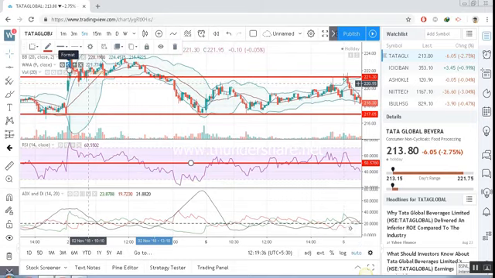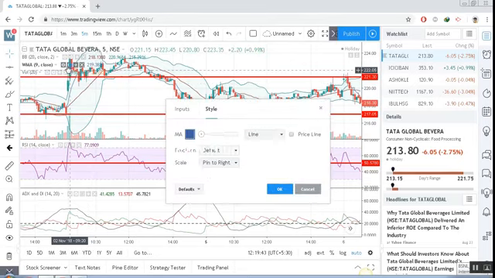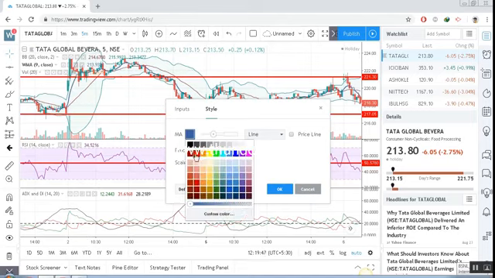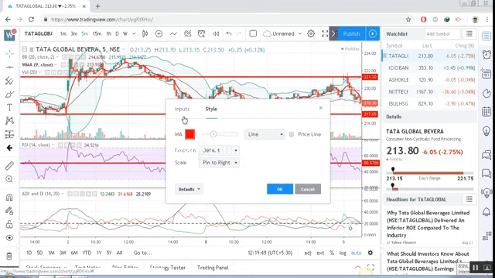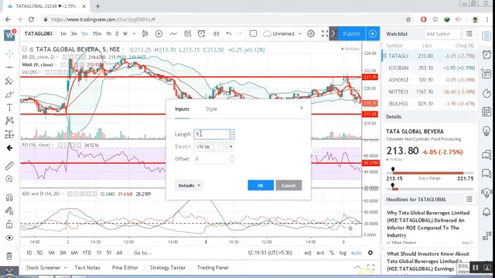Now in the WMA, the weighted moving average, you're going to make a small change. First, change the color to red or whatever color you want, and for the period, you're going to use the largest 2-digit Fibonacci number. If you Google it, you can find it out.